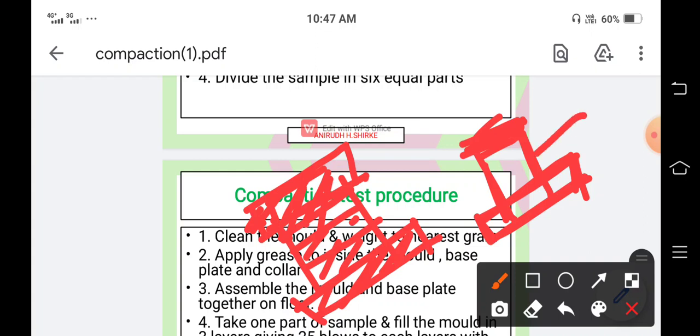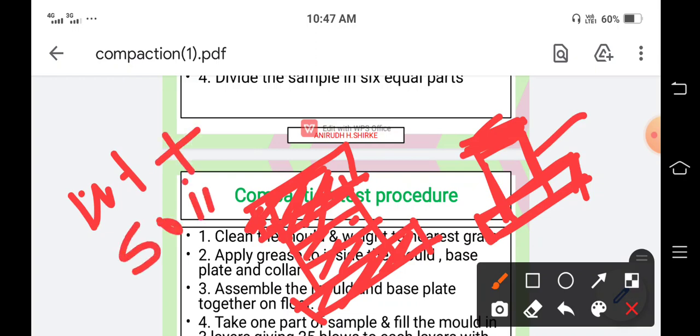So now take the weight of this mould, that is the weight of the mould plus soil sample. Let us consider its weight as M2, the weight of the mould with the soil sample.